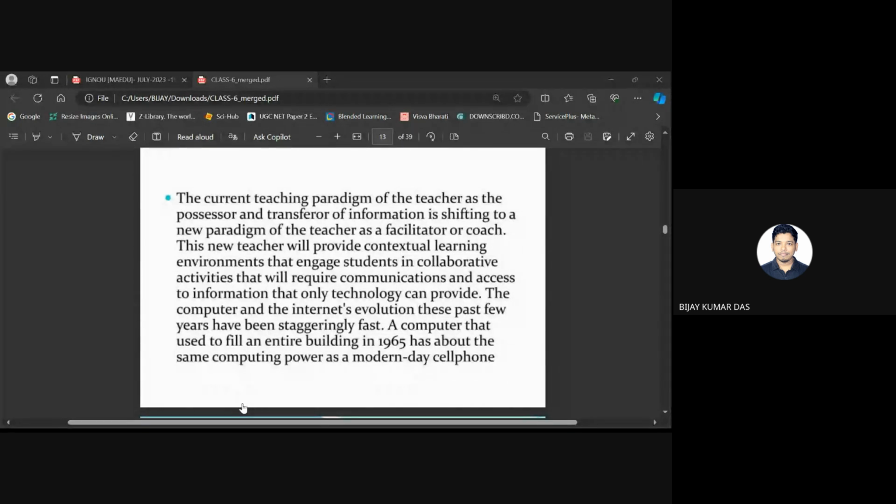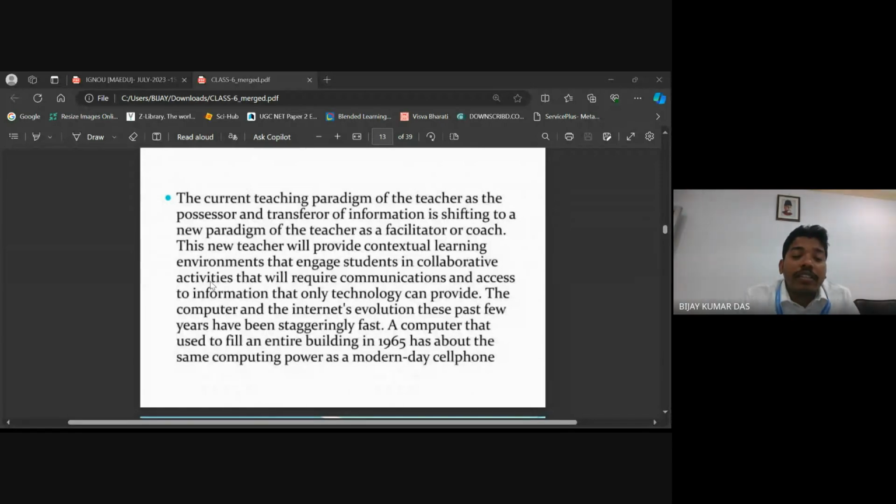We can also say that the current teaching paradigm of the teacher as the processor and transmitter of information is shifting to a new paradigm of the teacher as a facilitator or coach.